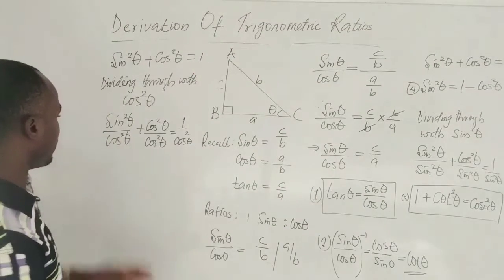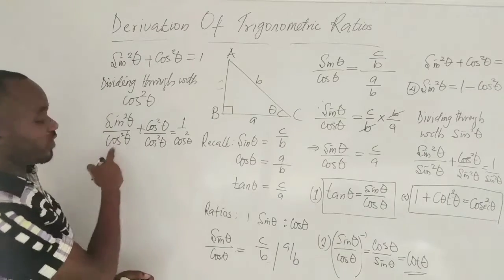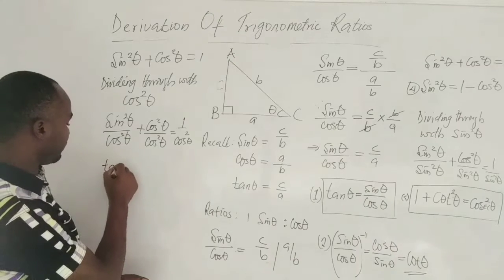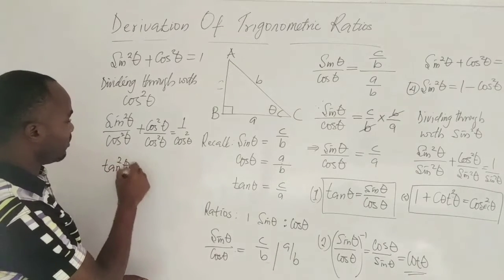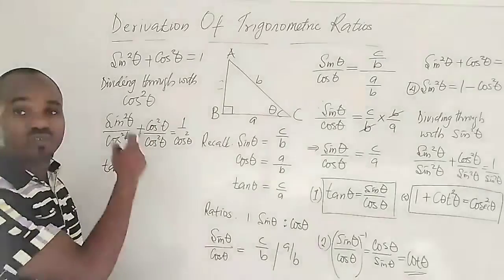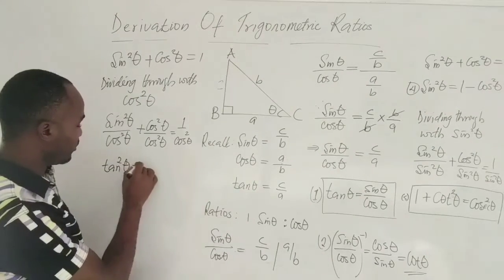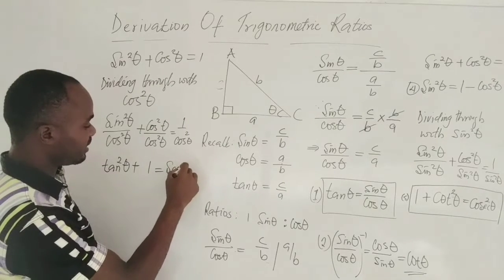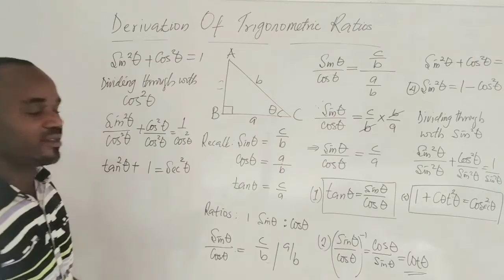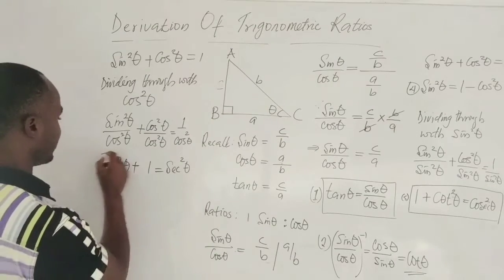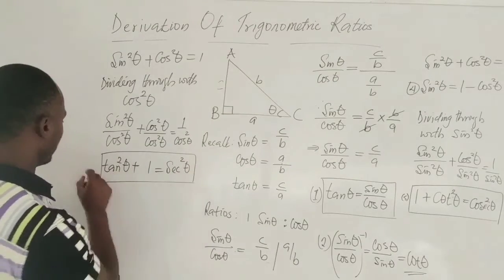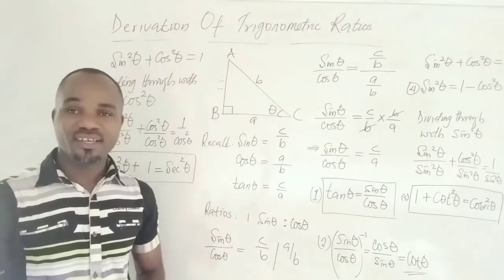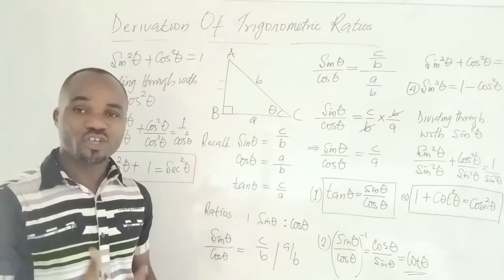Sine theta squared over cosine theta squared will give tan theta squared. Cosine theta squared over cosine theta squared will give just 1. And at this point we have secant theta squared. So these are the relations. We have succeeded in deriving the relations between trigonometric ratios.